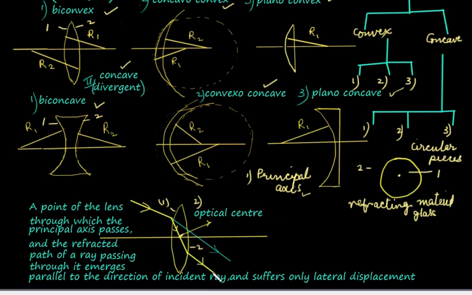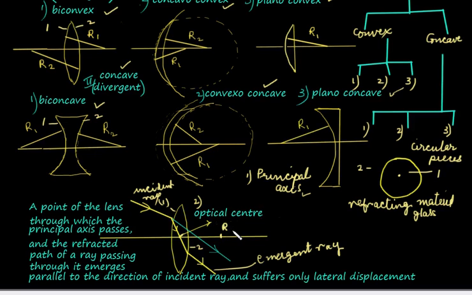This emergent ray is parallel to the incident ray. Let us mark it. This refracted ray passed through the optical center because of the angle of incidence. This ray we have shown here is not passing parallel to the principal axis. This is the principal axis. Okay, let us make it clearer.